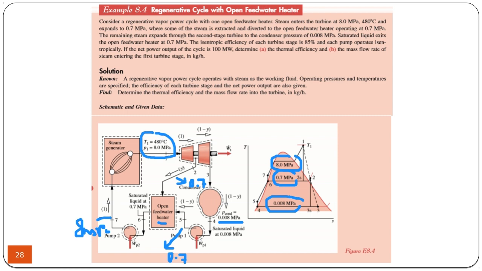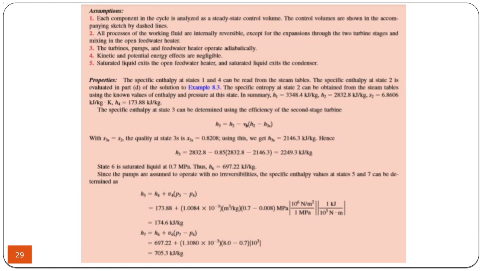The power generated is still the same because we would like to compare this with the other ones. So by using the efficiency of the pump, we can obtain the steam qualities. Once we have the steam qualities, we can use them to get the enthalpy.